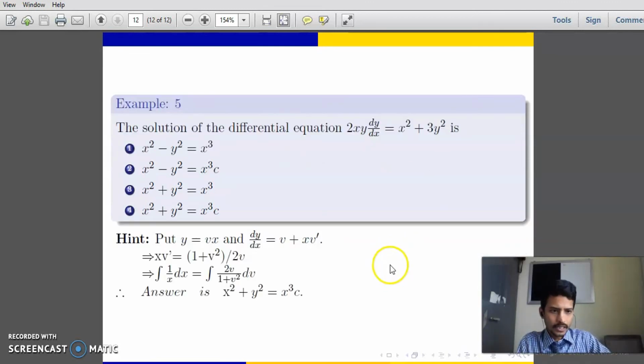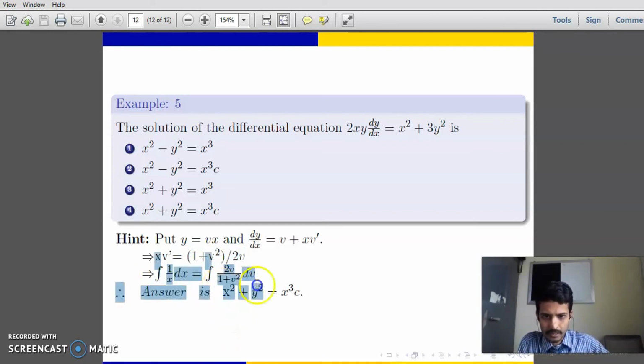As you know already the technique, I'll take y is equal to vx and dy by dx is equal to v plus x v dash. We end up with the equation x v dash is equal to (1 plus v square) upon 2v. So if you apply the variable separable technique, we end up with this equation.